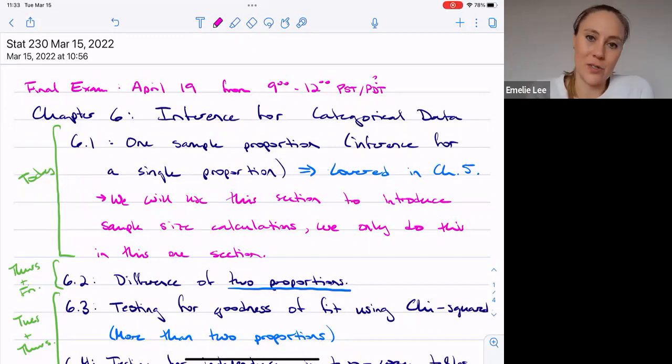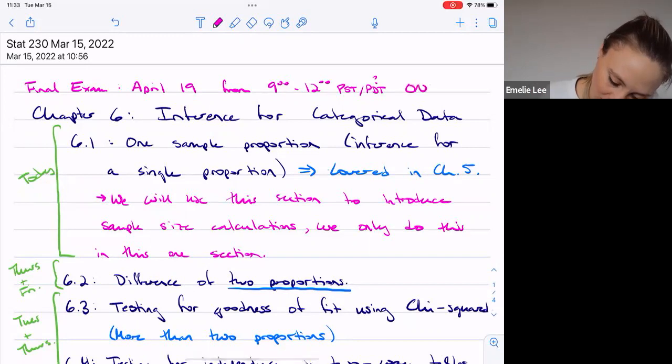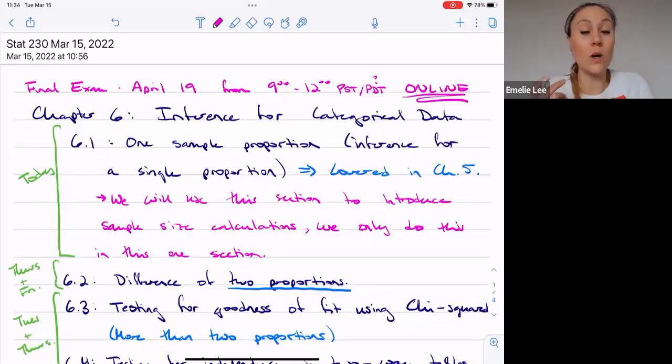You'll have to be in our Zoom room. You'll have to have your cameras on, all that kind of fun stuff. I know, boring. We'll talk more about that later. But it's on April 19th and it is online, unless you want to be in person with me, then that's fine. But talk about nervous, right? And it is open book.